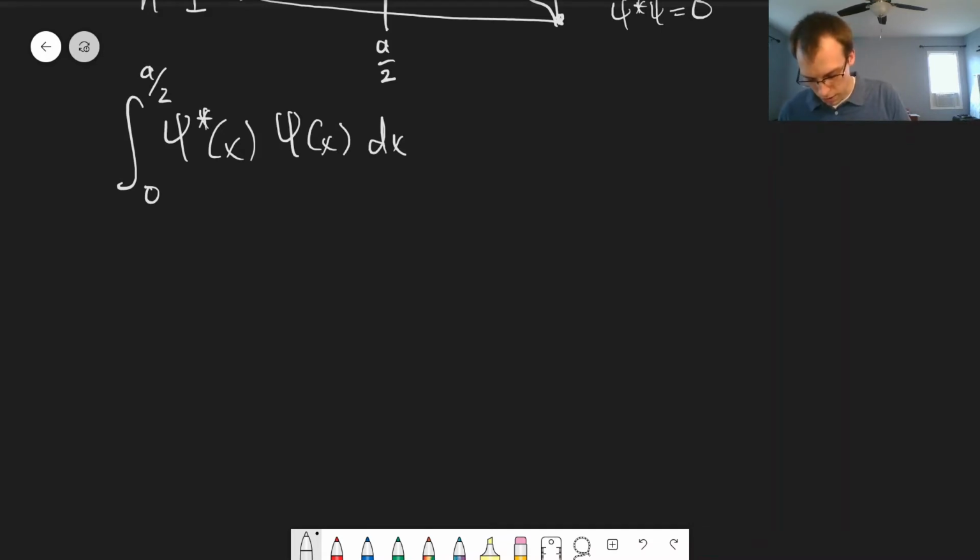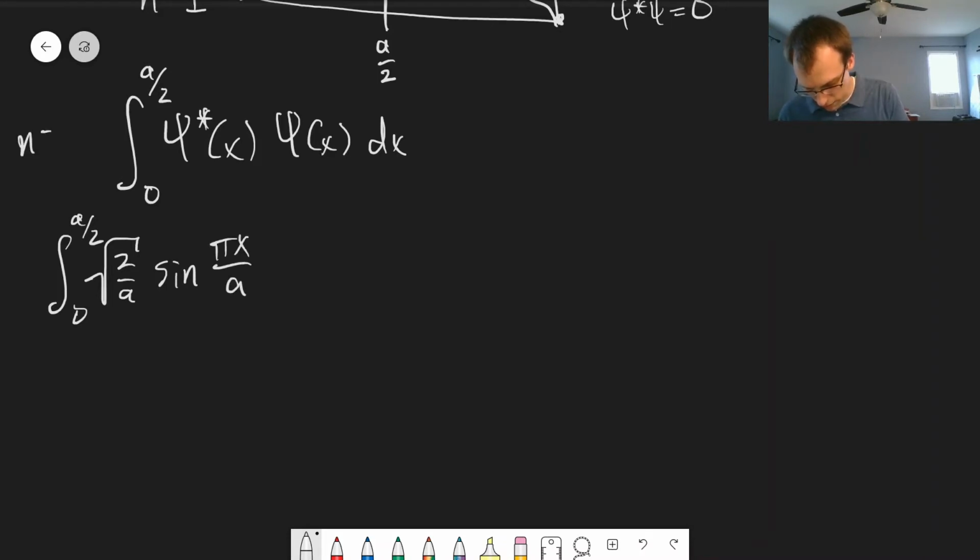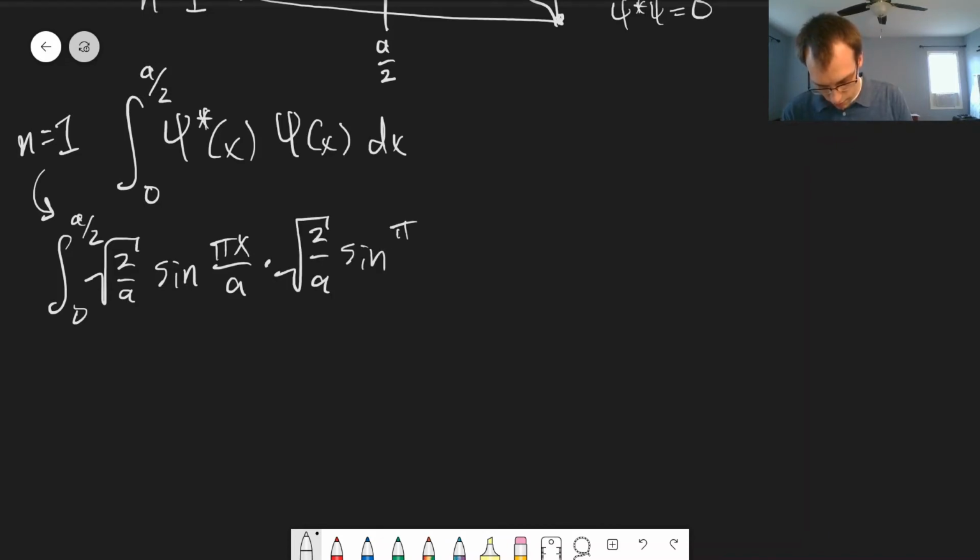Okay, so we get the integral from 0 to a over 2 of square root of 2 over a sine pi x over a. So we've specifically picked n equals 1 for this. We could do this with any specific value of n, but we'll do it for n equals 1. Sine pi x over a times square root of 2 over a sine pi x over a dx.